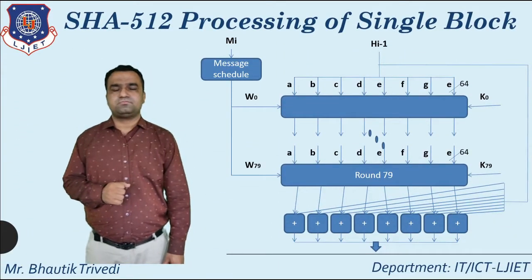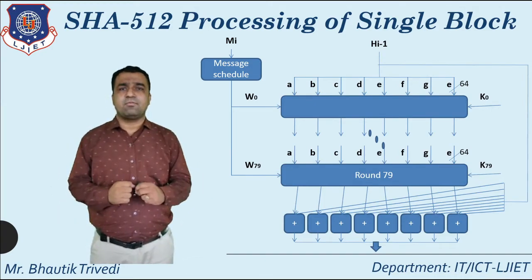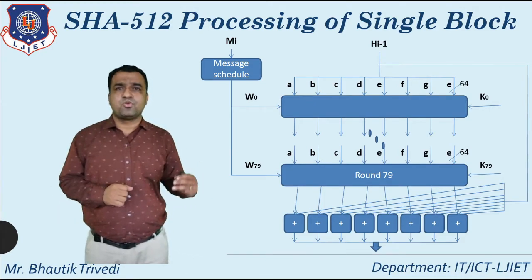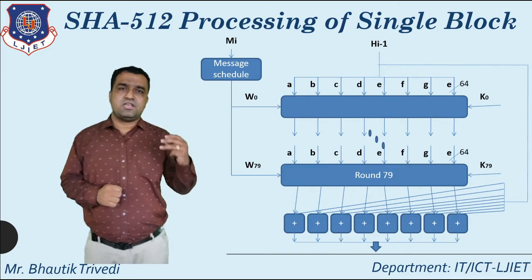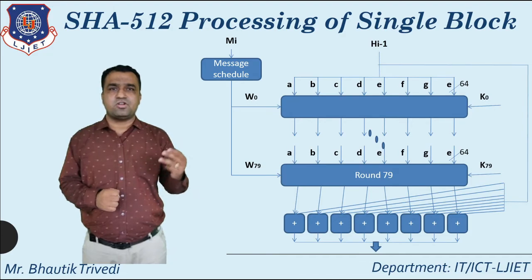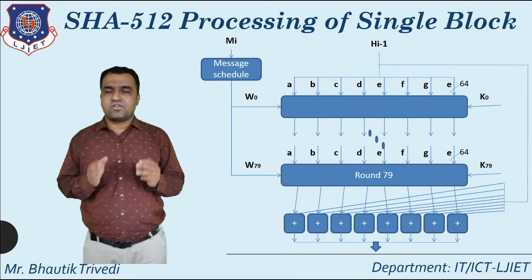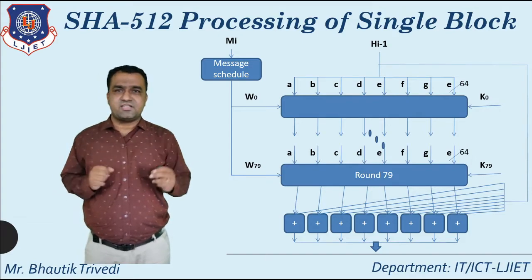Whatever I discussed so far is totally related to the block diagram. But now see the processing behind it. If I want to apply single block processing in SHA 512, how do I generate this? First, you know the concept of the message.